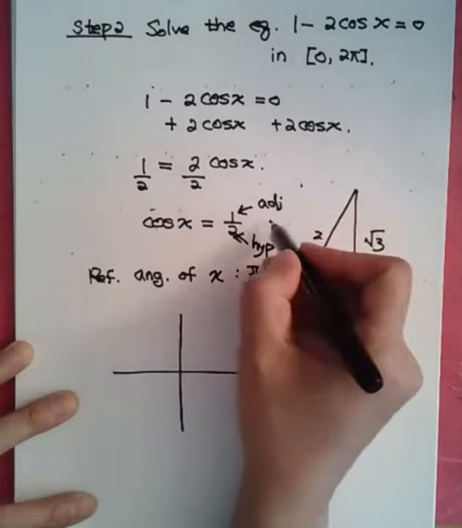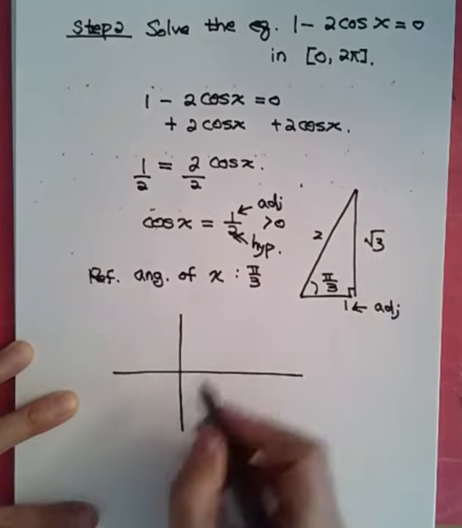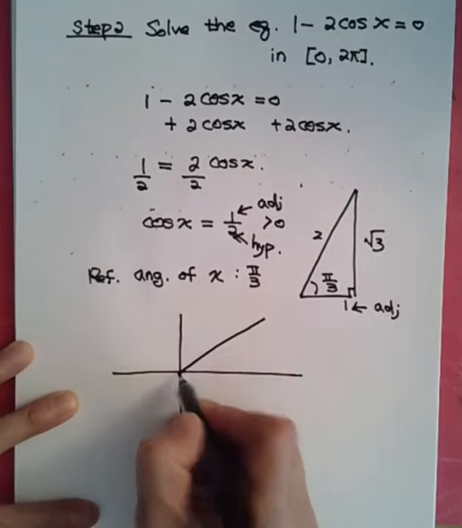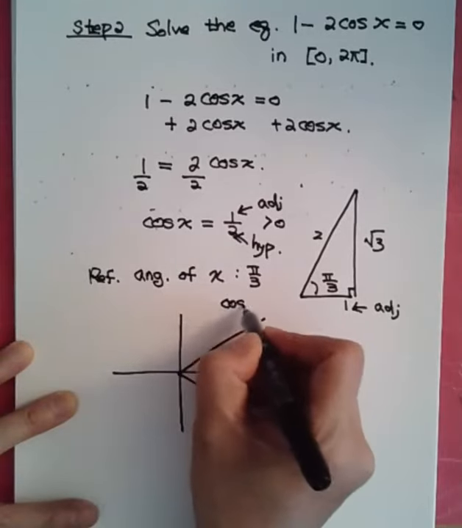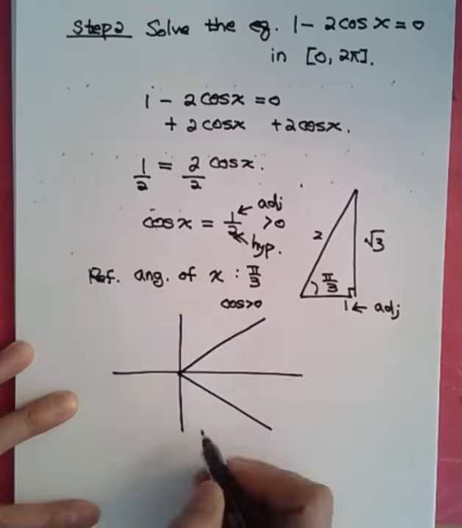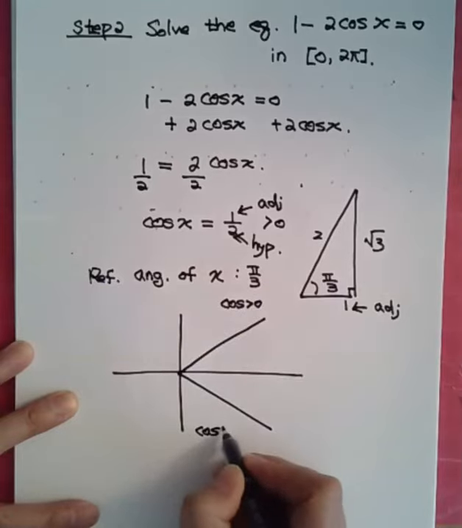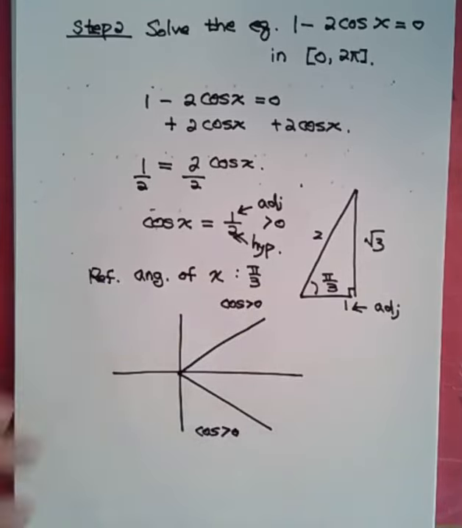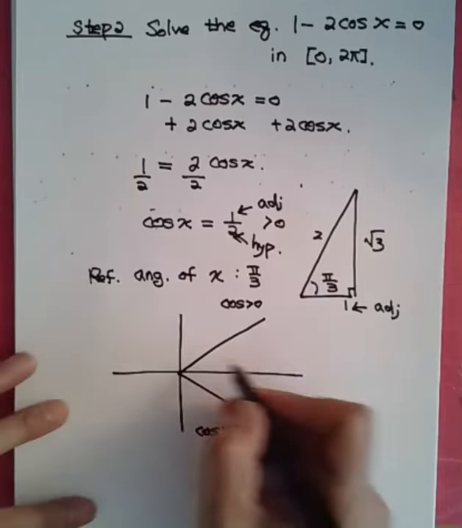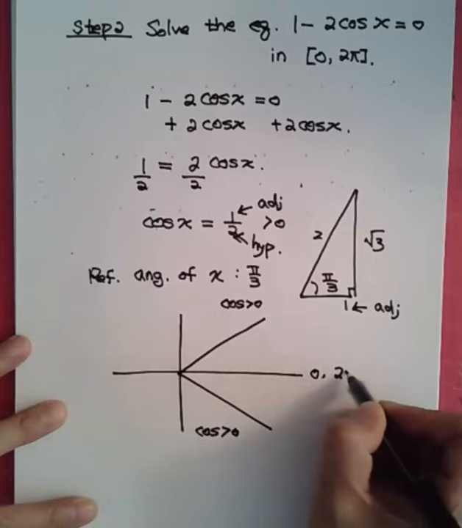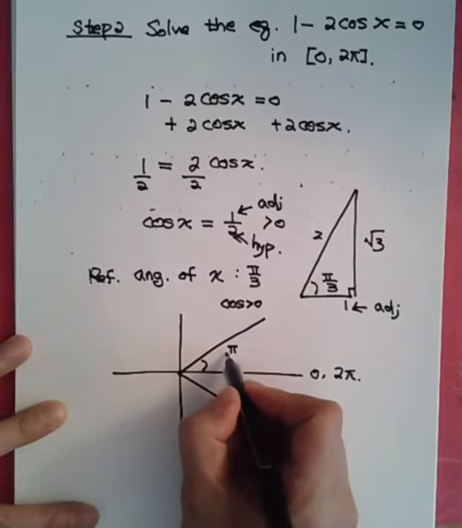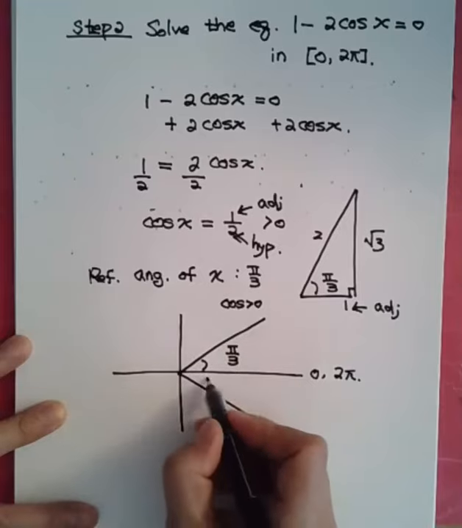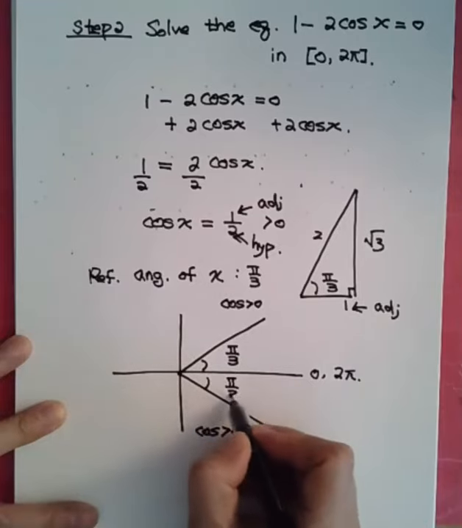Cosine value is positive, so the angle will be located in the first or fourth quadrant, because in the first and fourth quadrants, x values are positive, so cosine values are positive. The reference angle is pi/3.